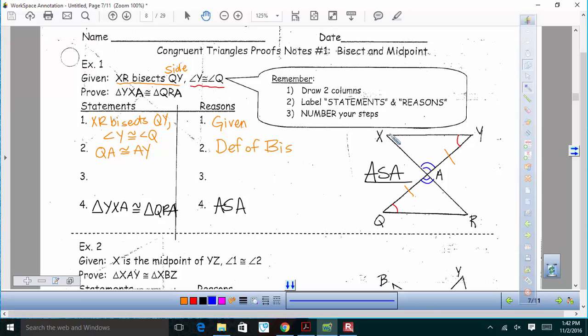The X one would be XAY, yes, is congruent to QAR, because that's implied by the picture, but it's not stated. So I have to show that these vertical angles are congruent. So XAY is congruent to RAY, angle RAY, and that is because of vertical angle theorem.